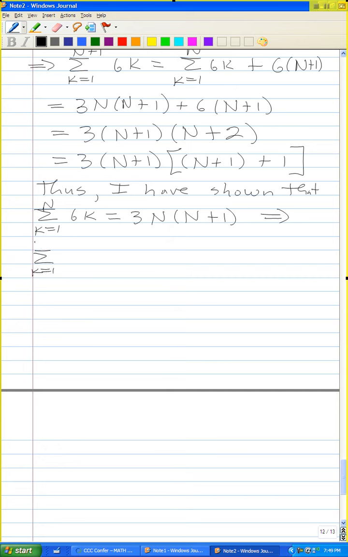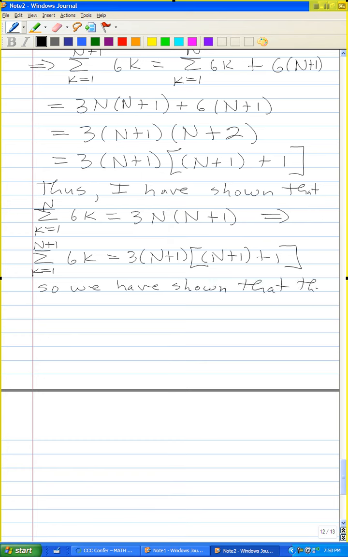Note that all I've done here is replace this n by n plus 1. So this n here becomes n plus 1, and this n here became n plus 1. And so we've shown that the induction case holds.